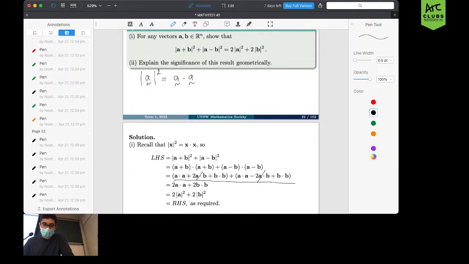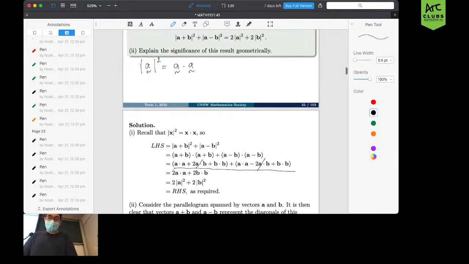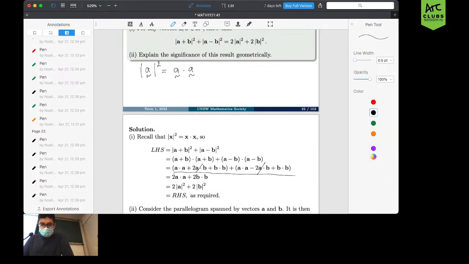And so we're just left with 2 lots of a dot a and 2 lots of b dot b. Now we can go like the reverse of that property and write those dot products as the magnitude squared. So those become 2 times the magnitude of a squared plus 2 times the magnitude of b squared, which was simply our right-hand side in the equation we were trying to prove. And therefore, we're done with that question.